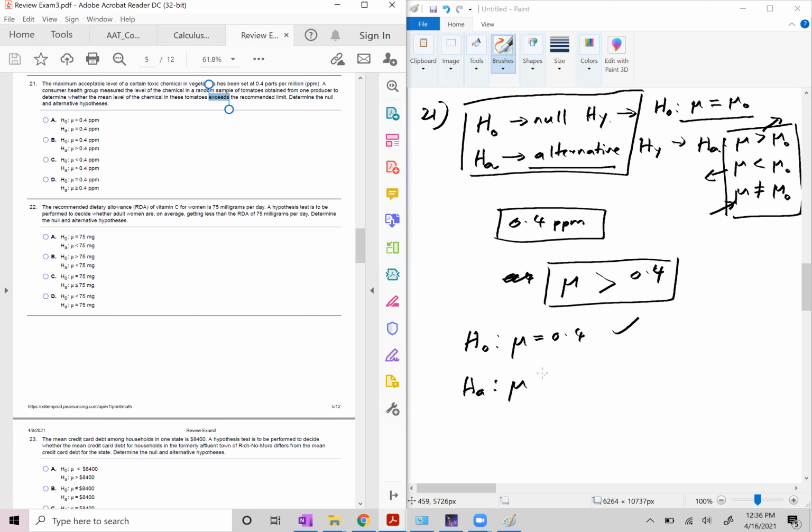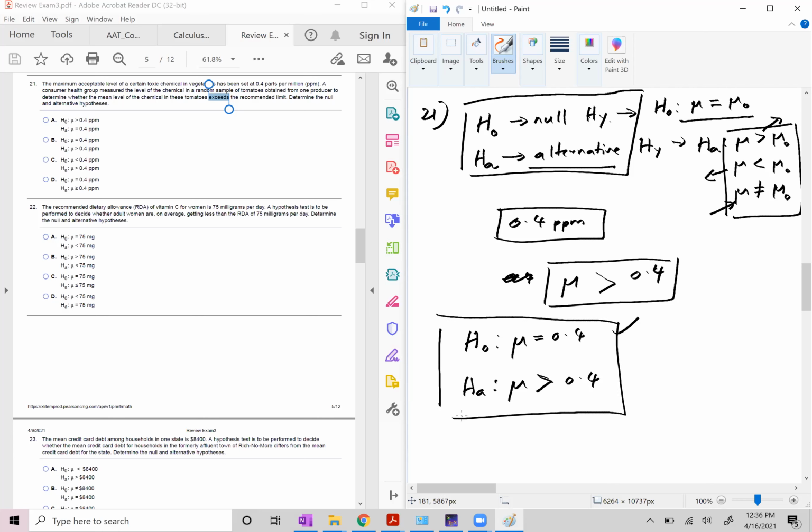So they are testing whether it is okay or whether it exceeds this 0.4 limit. Okay, so that's what they're testing. So this is going to be your null and alternative.